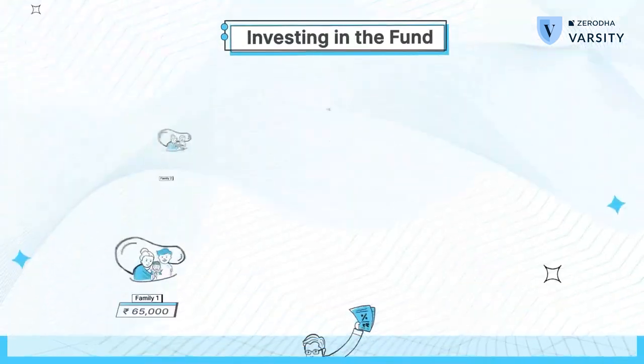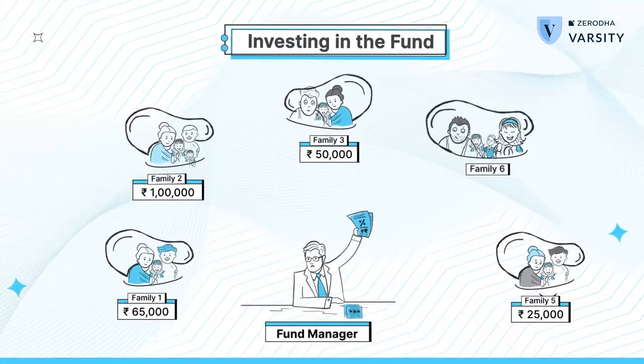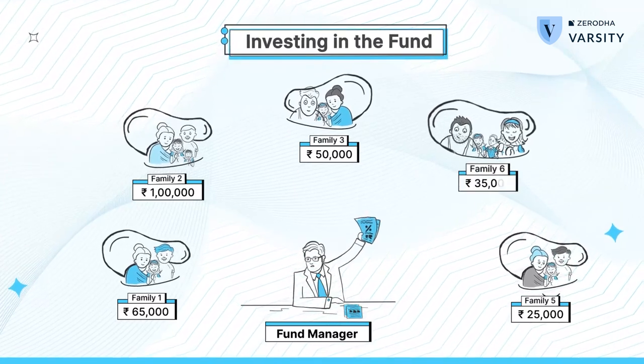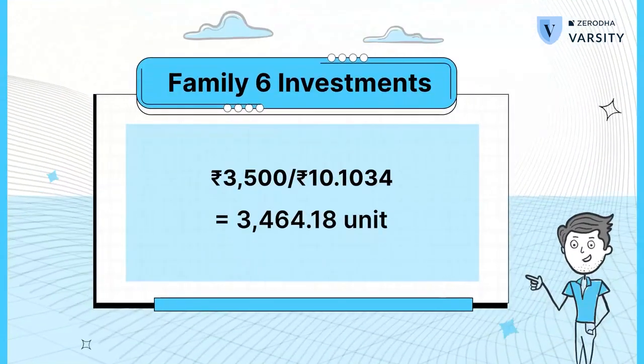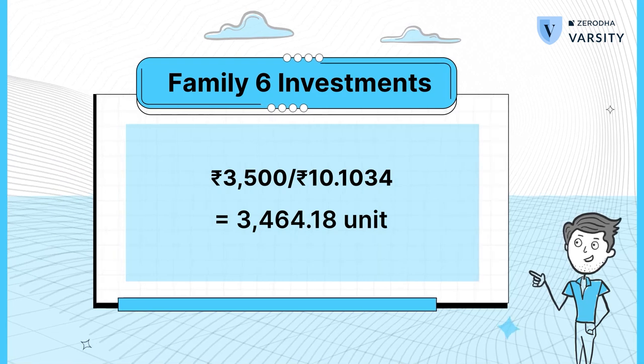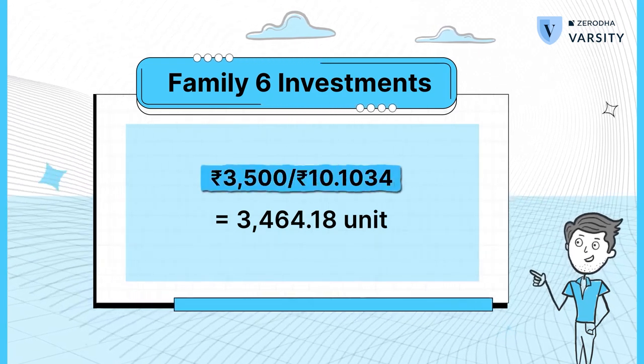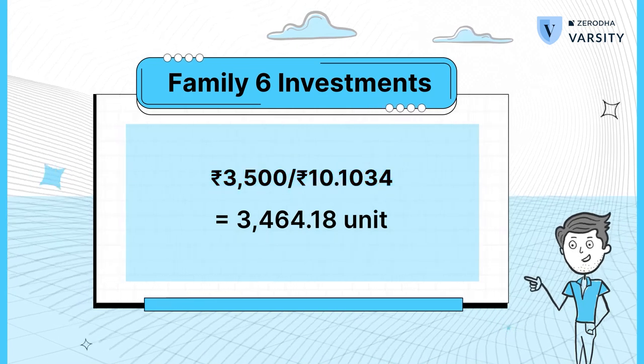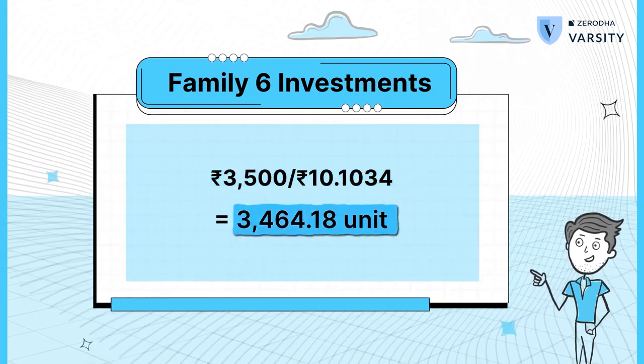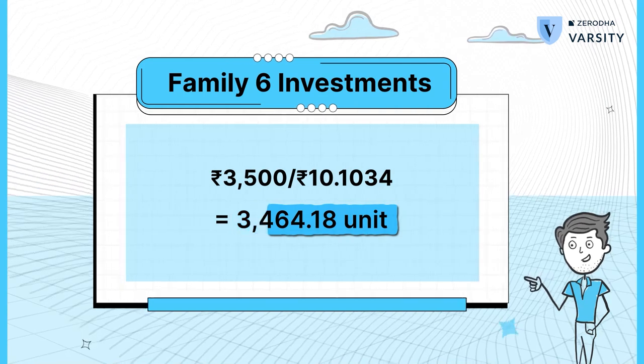Now let's assume there's a new family, family 6, which also wants to invest 35,000. Now the number of units they will get will be at the new notional value of 10.1034. So 35,000 divided by 10.1034 will give them 3,464.18 units.